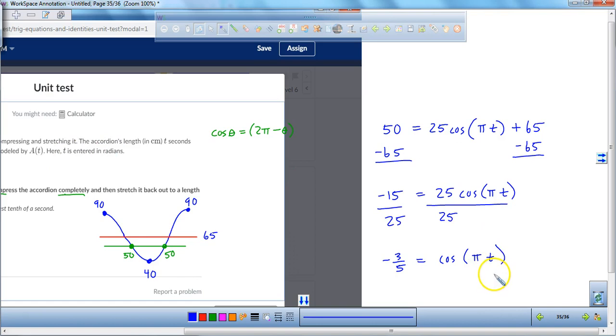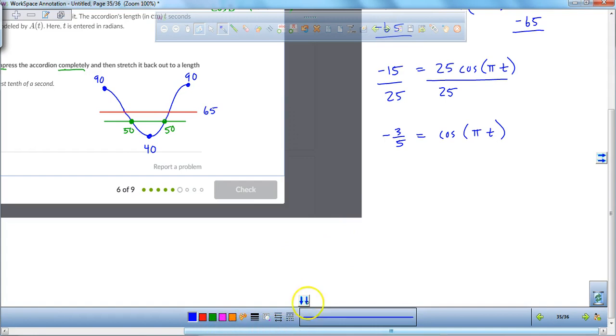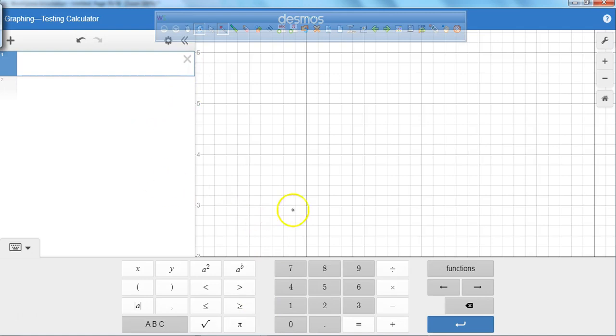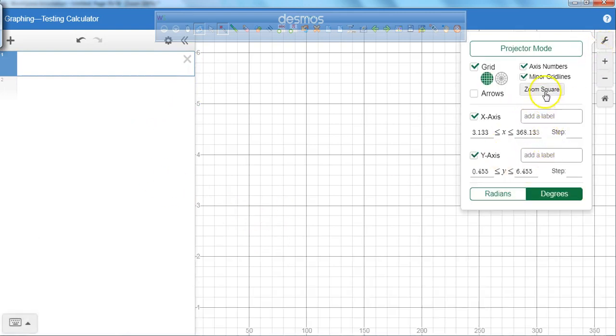So what we have to do is the inverse of cosine on both sides, so those cancel out. So we're going to figure out what the inverse of cosine is. I'm going to type it in right now, but this time I got to make sure I'm in radians.